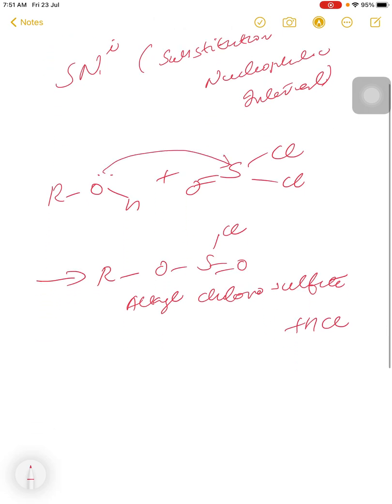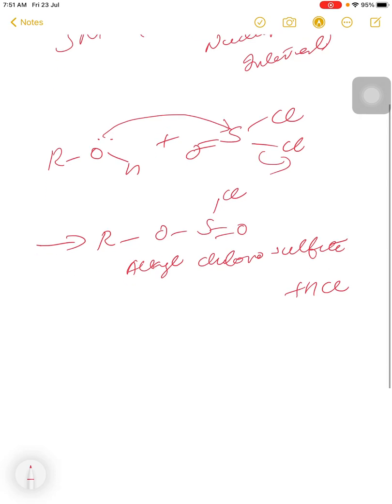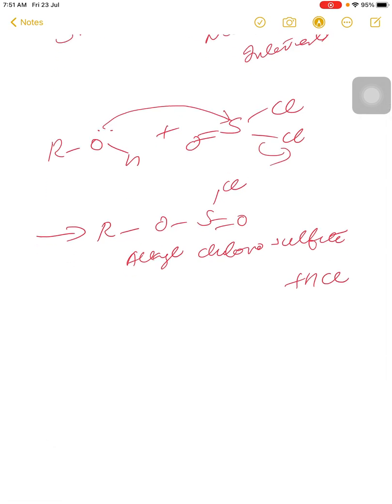What is happening? It will be attacking at this position, and one chloride ion is being removed. Here the reaction occurs in such a manner that this alkyl chlorosulfite will exist as an intimate ion pair.